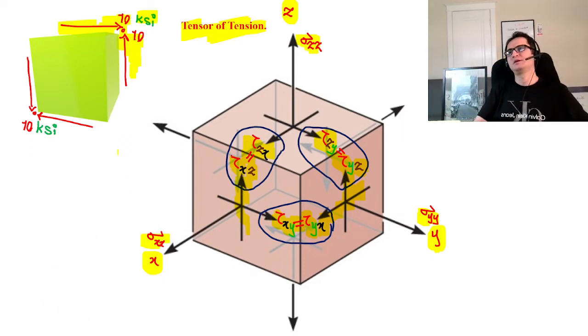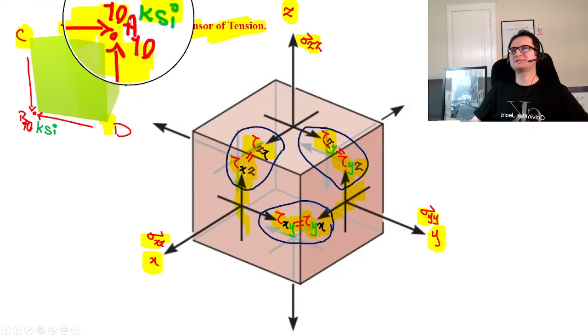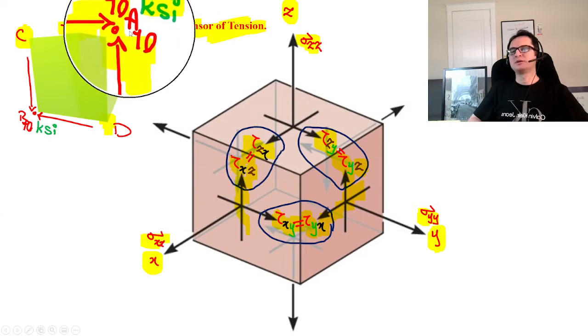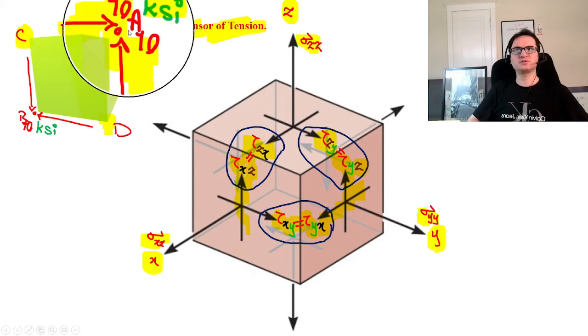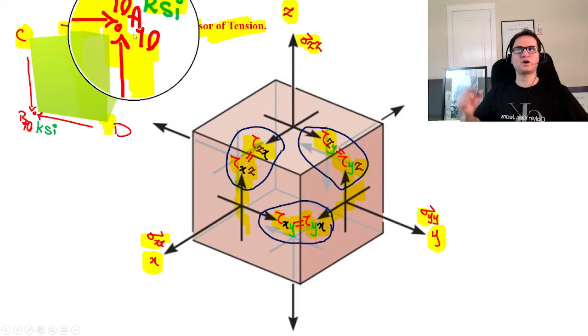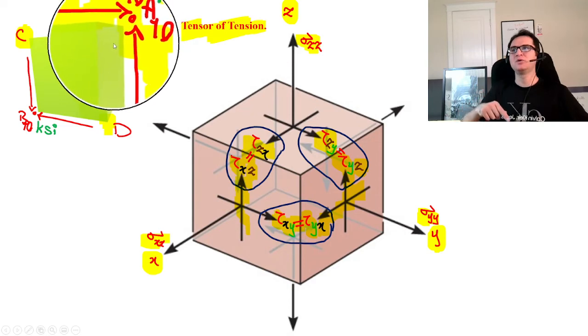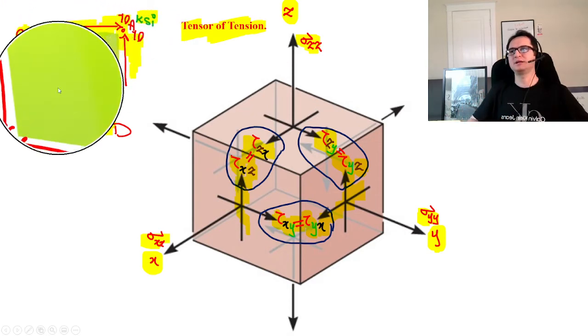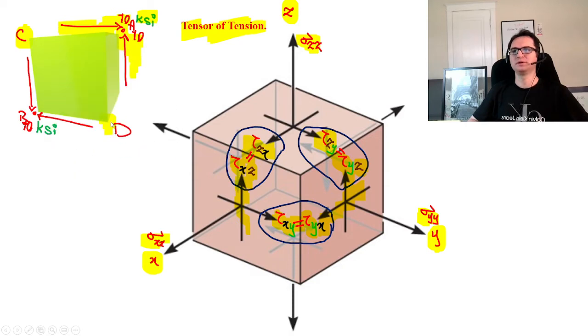For example, if you call this point A and this point B, they are converging at points A and B, and they are diverging at points C and D. So the shear stresses in the tensor of tension are identical to each other, and at the same time they are either converging to a point, like what you can see at point A, or diverging from a point, point C.